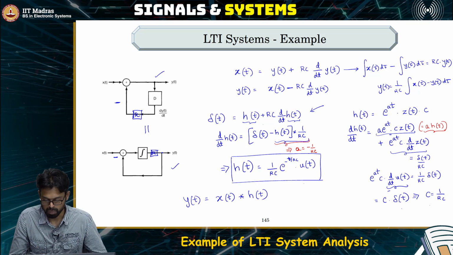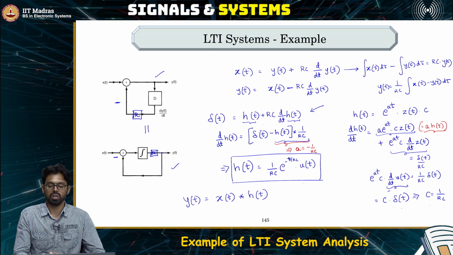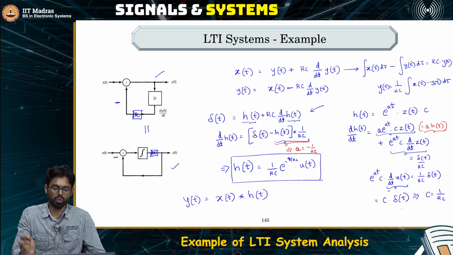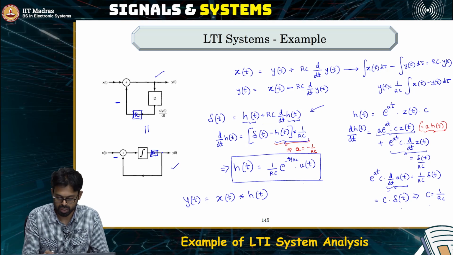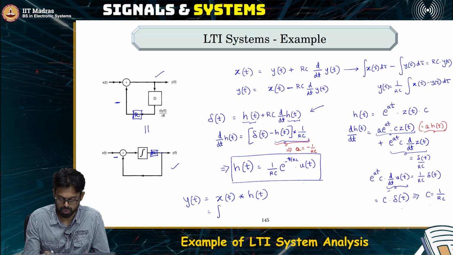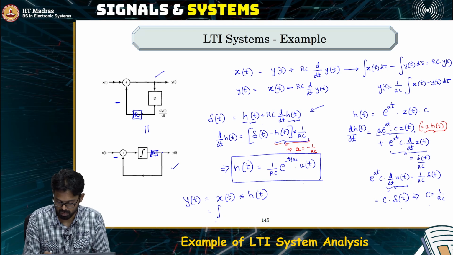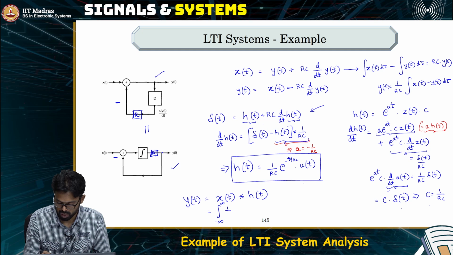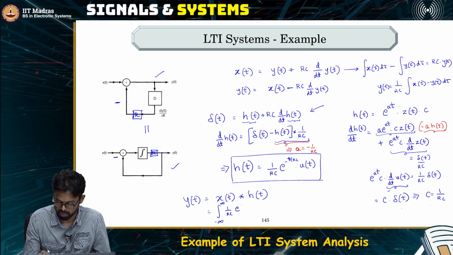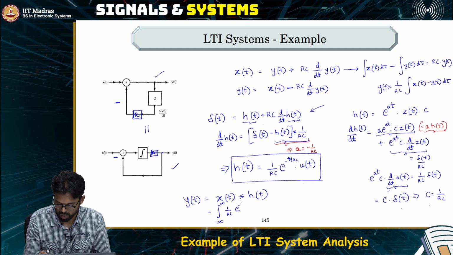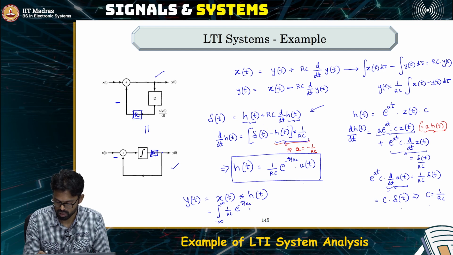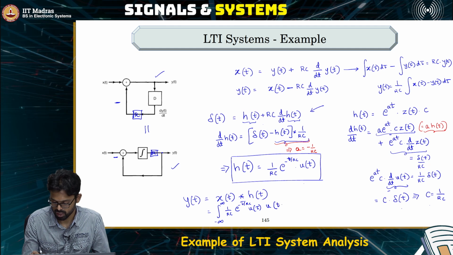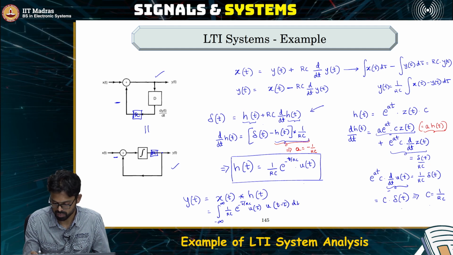So let us say you are applying an input which is a step function, which is just turning on the voltage. What would be the output in that case? The output would simply be the integral from minus infinity to infinity of (1/RC) e^(-tau/RC) u(tau) convolved with u(t minus tau) d tau.